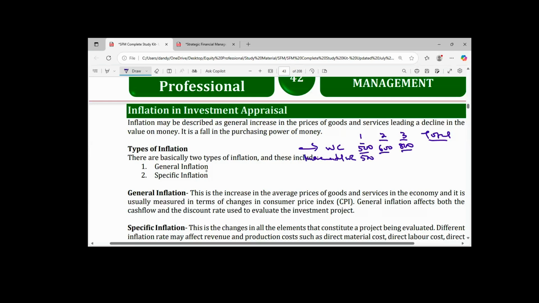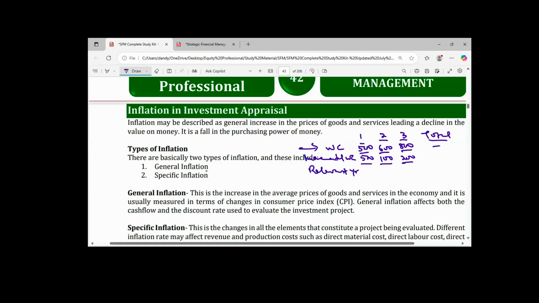The one that I'll call in year 2: working capital has increased from 500 to 600 by 100. Working capital has also increased from 600 to 800 by 200. So we can only consider the increments. Therefore, these are the ones that you are going to recognize. Then in your table for calculation of NPV, you may want to consider the relevant year where you are going to put the incremental.